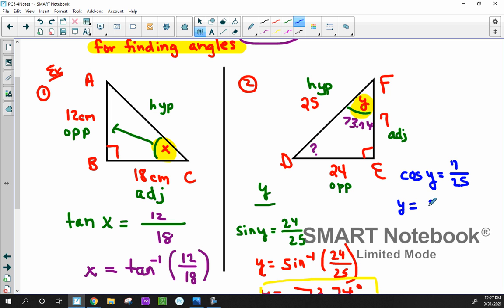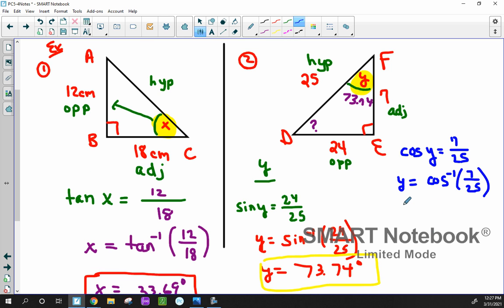So Y is equal to cosine inverse of 7 divided by 25, and type that into your calculator. The answer is going to be 73.74 degrees.